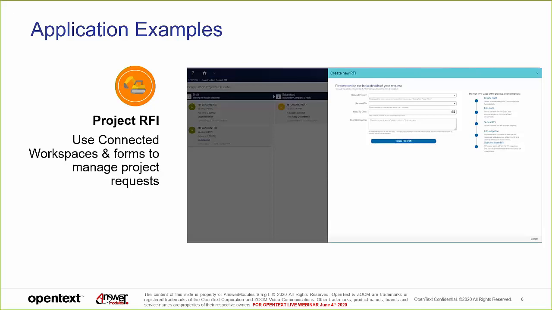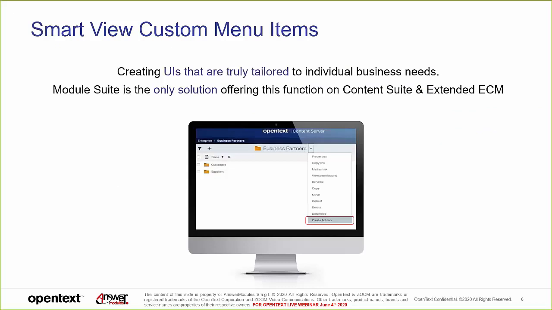And again, let's start from the custom menu items in SmartView. To our knowledge, module suite is currently the only solution that allows you to add custom menu items in the SmartView. Now, the idea behind this feature is pretty straightforward, in my opinion, and that is essentially to allow you to further tailor and personalize the user interface so that it better meets your specific business needs, or essentially your specific business users' needs.